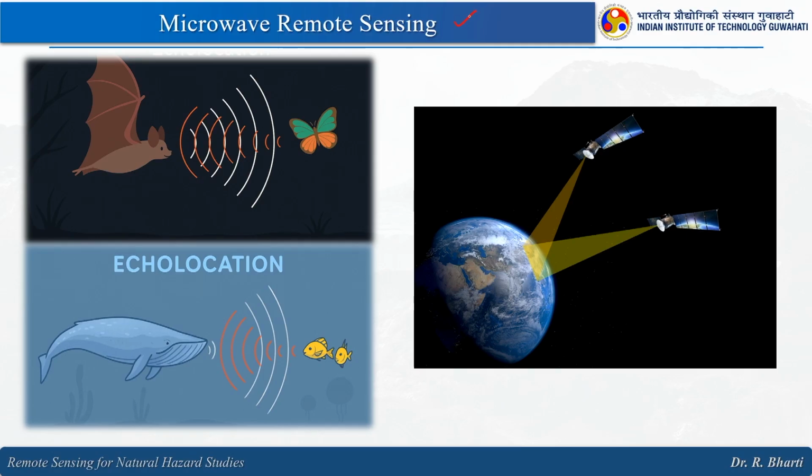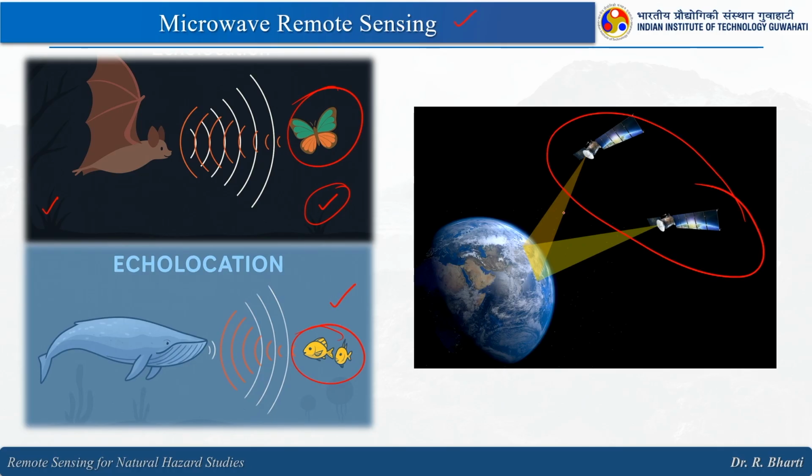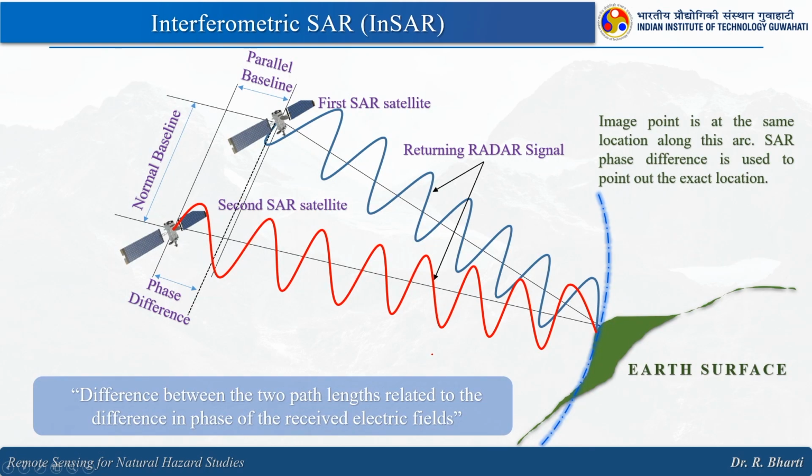When we talk about microwave remote sensing, here you can see the example of how different birds and fishes use the echolocation method to target their food, right. Similarly, we have satellites which are looking at the ground from different locations, and we use this information to derive information about the target, right. I hope you remember the interferometric SAR configuration.